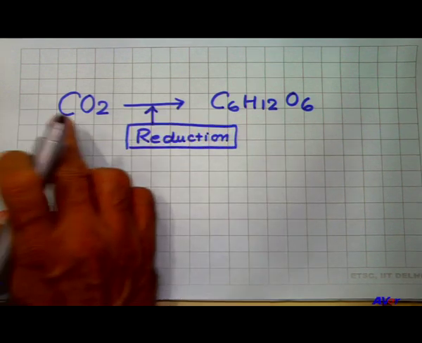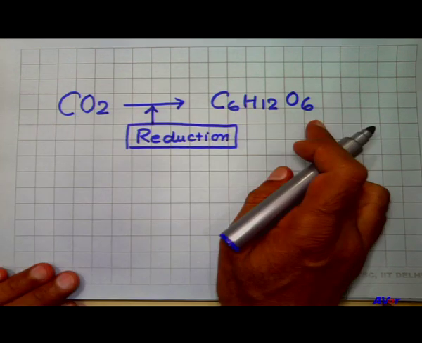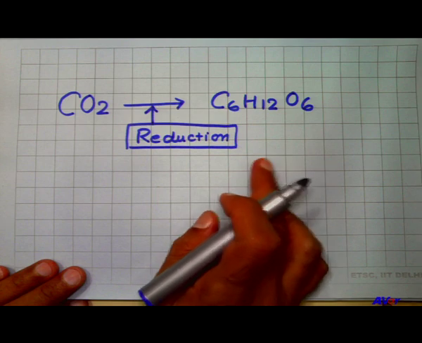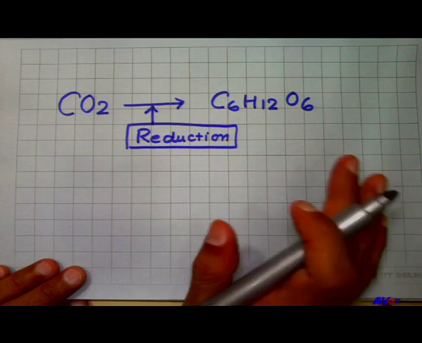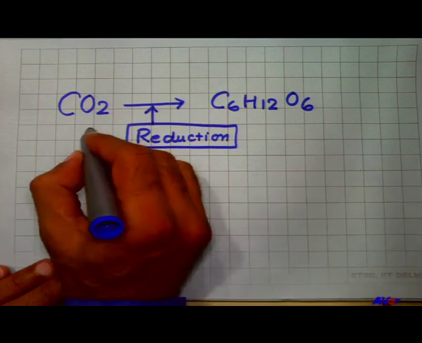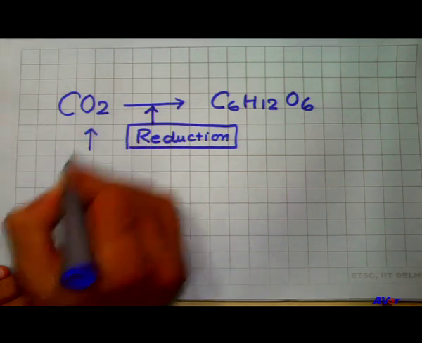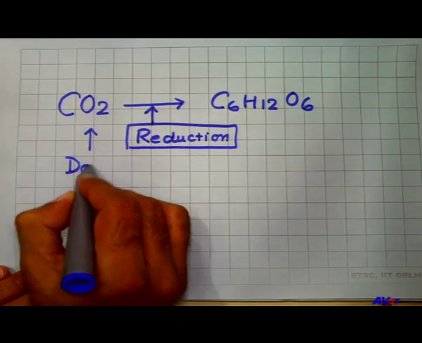So, the reduction of carbon dioxide into carbohydrate is independent of light; there is no use of light. So, this type of reaction is called dark reaction.